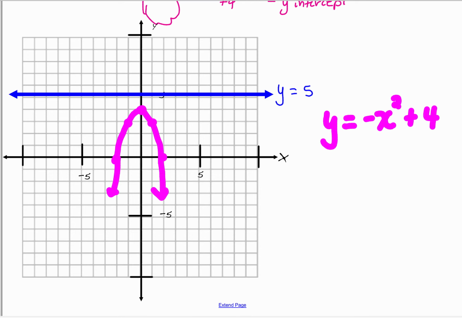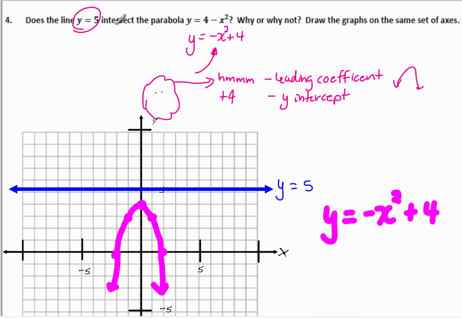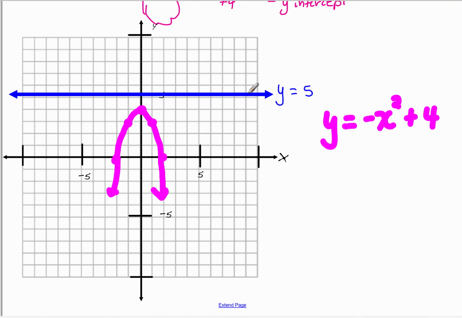Now let's see, did I answer the regions question? Does the line y equals 5 intersect the parabola? Why or why not? Draw the graphs on the same set of axes. Well, if they're going to ask me to describe, then I would have to say something to the effect of this.